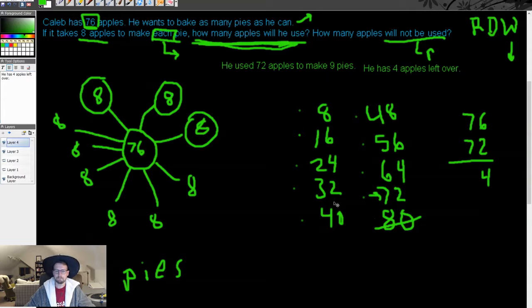All right. I feel pretty good about this one. There's definitely other strategies that you could have used here to figure this out. You could have reworked your equal groups and said 76 and then done the 8 apples, and you could have gotten the same answer, but it just didn't fit the same way in my head as saying, all right, I'm making 1 pie here, 2 pies, 3 pies, and then making my multiple list to go along with it.